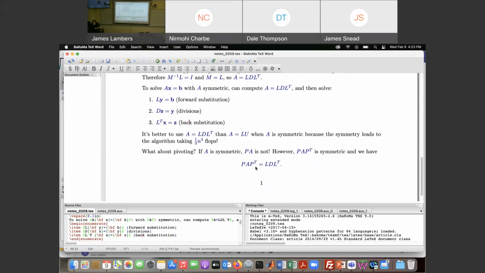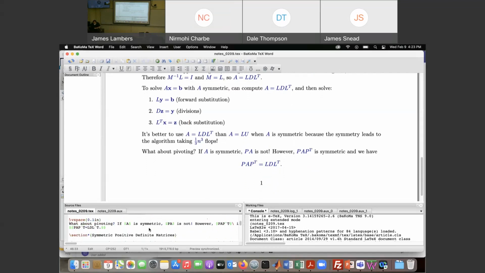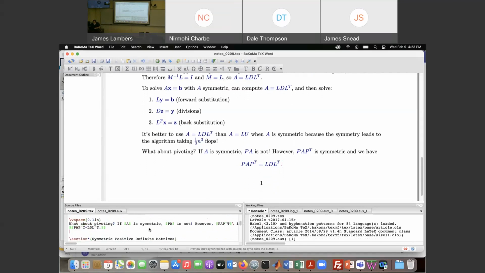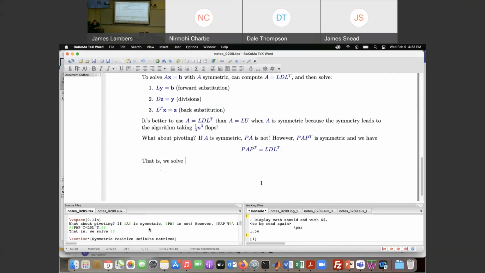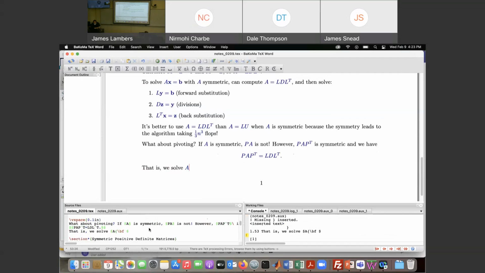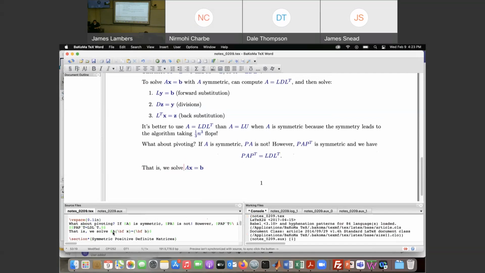Now, a consequence of that is your solution X will therefore be permuted. So you have to take that into account when you're solving the system. So from AX equals B, if I multiply both sides by P on the left, and then I throw in a P transpose here, I have to put its inverse next to it.